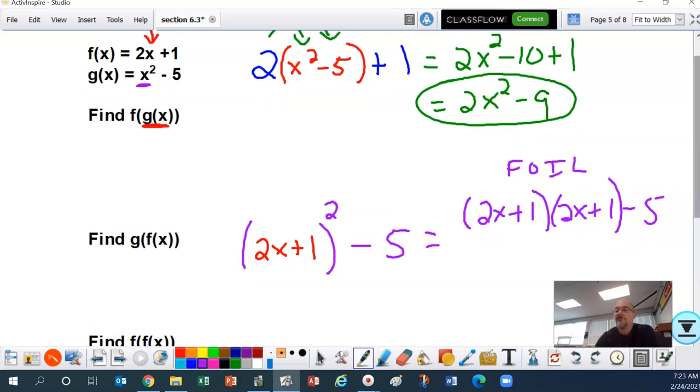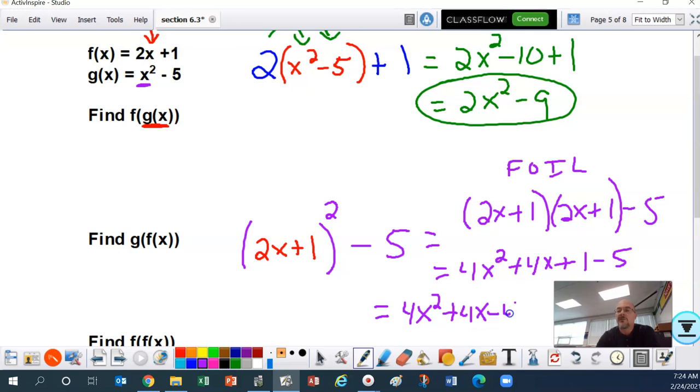All right, so if I FOIL, first, outside, inside, last, let's see, I get 4x squared. Okay, I'm going to go ahead and condense this right away. Let's see, 4x squared, 2x and 2x, that's going to be plus 4x and then the last term's plus 1. Okay, so when I FOIL, that's what I get, and then I still have a minus 5. Now, 1 plus the minus 5, my final result, ladies and gentlemen, is 4x squared plus 4x minus 4.